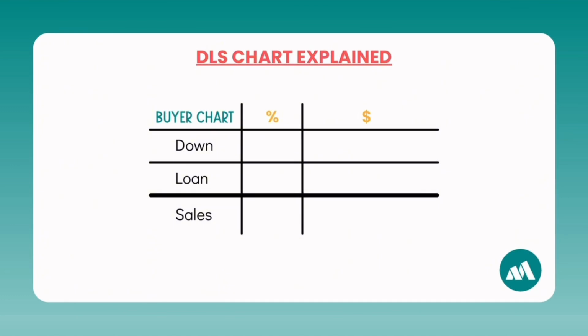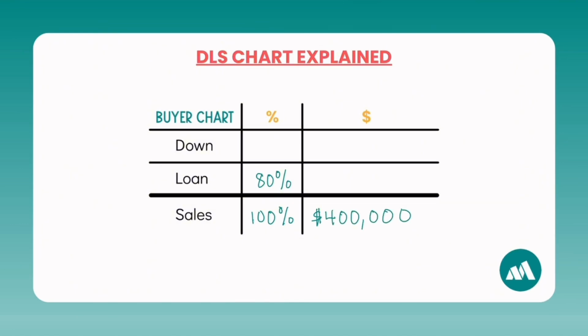Now, let's say, for example, we have an 80% loan to value ratio. Remember, your sales price is always 100%. Let's say our sales price is $400,000.